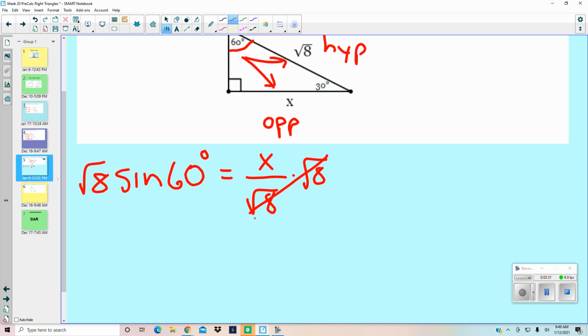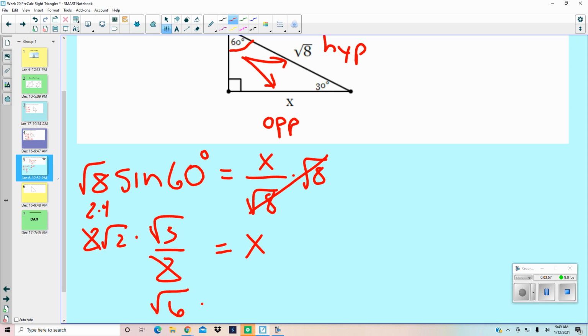The sine of 60 is √3/2. And simplifying √8, because √8 is 2 times 4, it would be 2√2. So if you think about that, √2 times √3 is going to be √6.